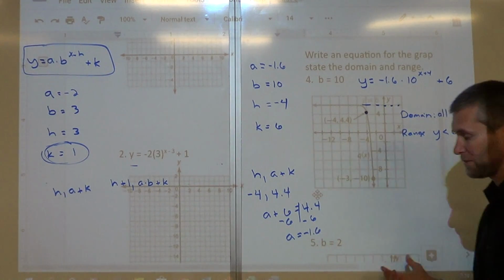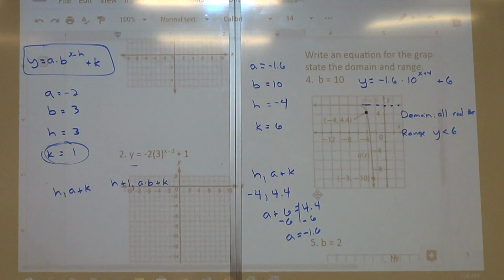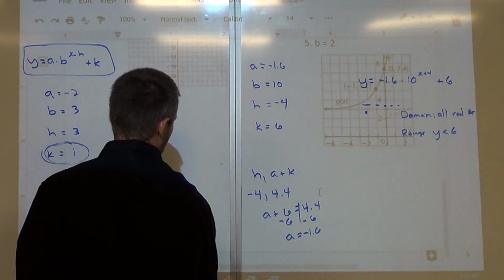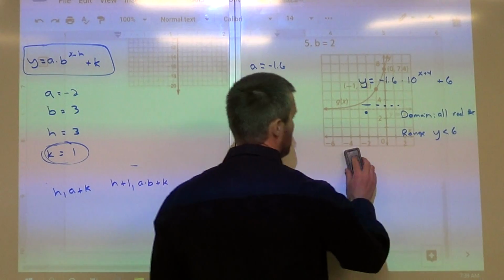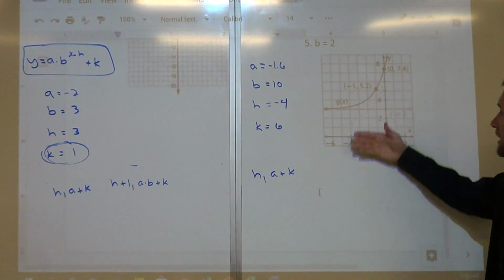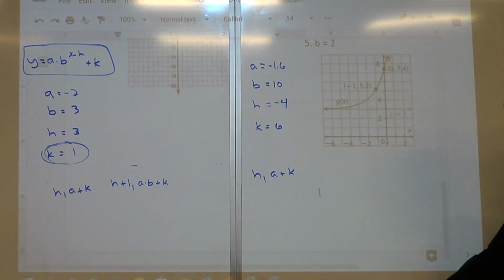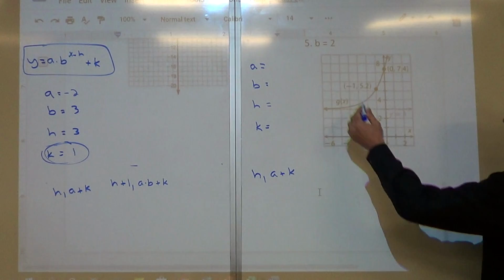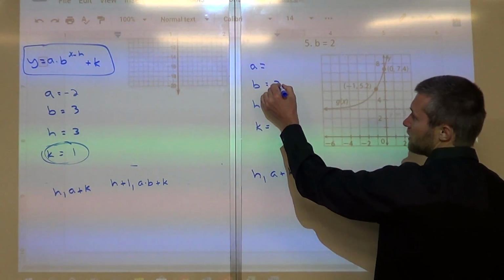So that's what you're going to be going through with each one of these: identify A, B, H, and K. In either thing we're trying to do, what's A, B, H, and K? Once you identify those, then you can either write the equation or come up with the points. If they give us this and we want to write the equation for it, I go through and identify that B is equal to 2.